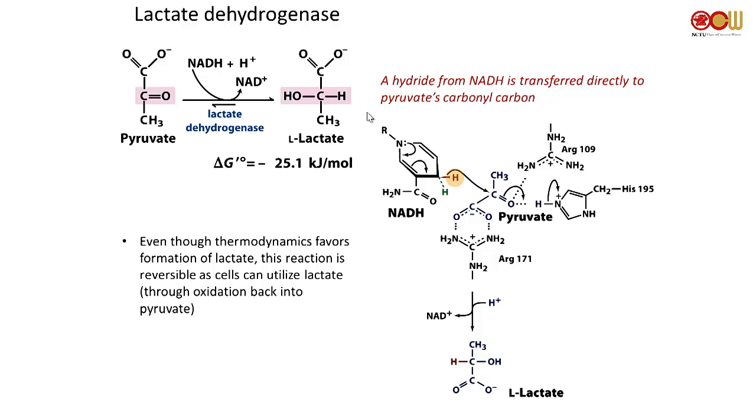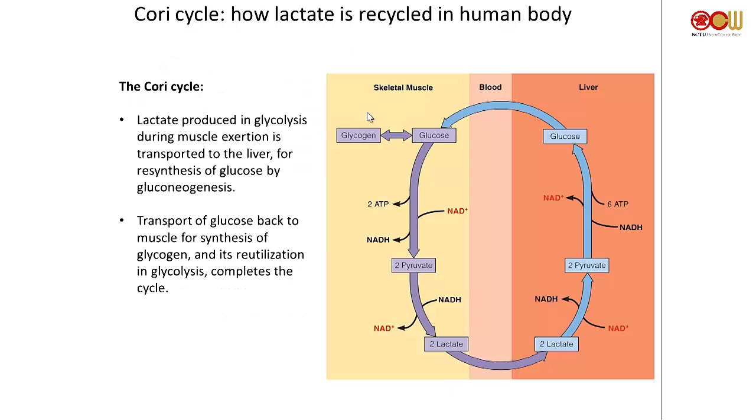Hydride is a very good nucleophile. It will attack the electrophile, which is the carbonyl center. You pop the electron over to the oxygen and you form this oxyanion, and the oxyanion can then grab a proton and it becomes lactate. And it turns out, when you exercise a lot, your body will generate a bunch of lactate.